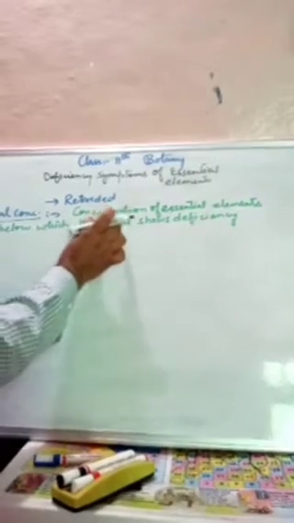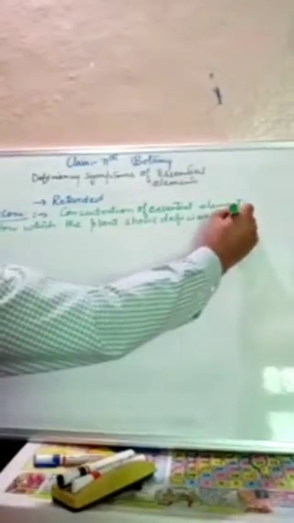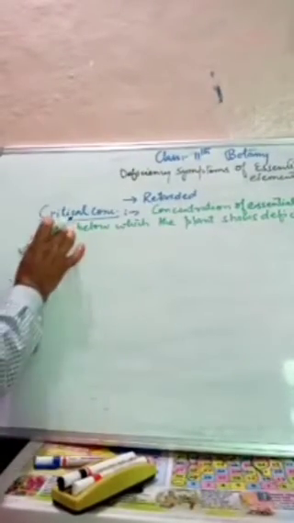That is, it is the minimum concentration below which the plant shows deficiency symptoms. This is what we mean by the critical concentration.